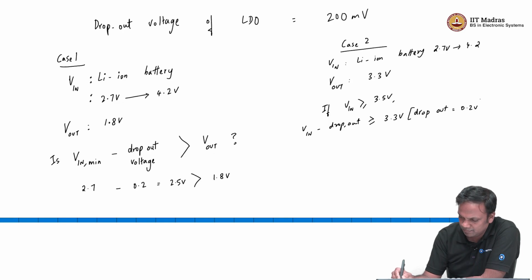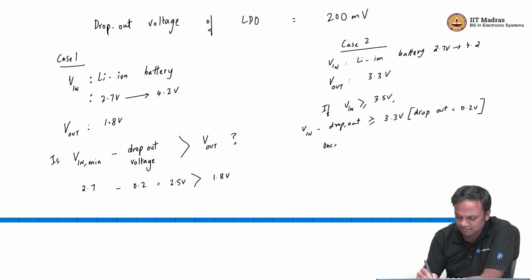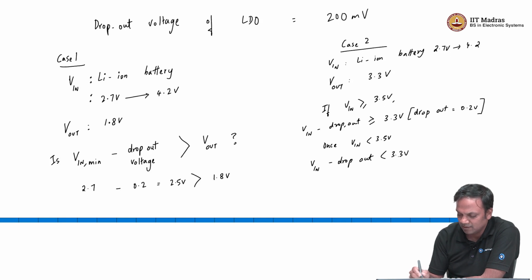since dropout is 0.2 volt, right. But once V in goes less than 3.5 volt, V in minus dropout is less than 3.3 volt.